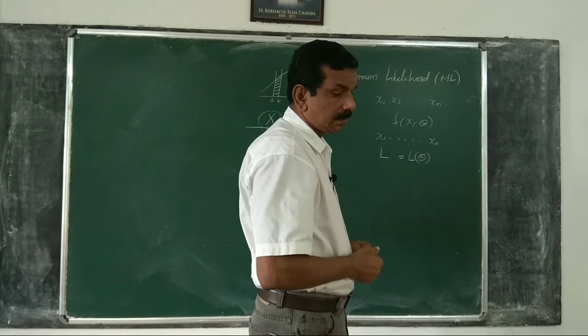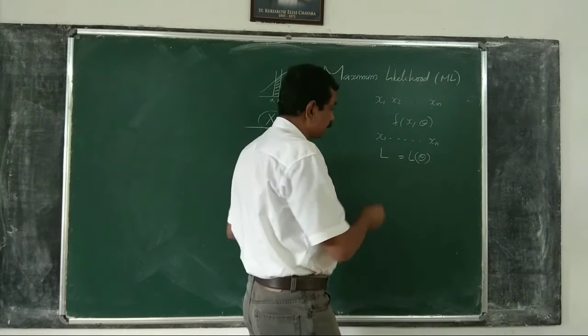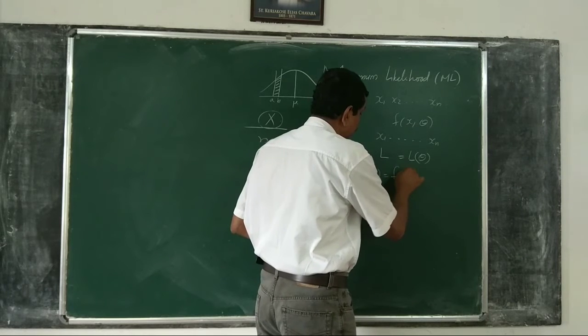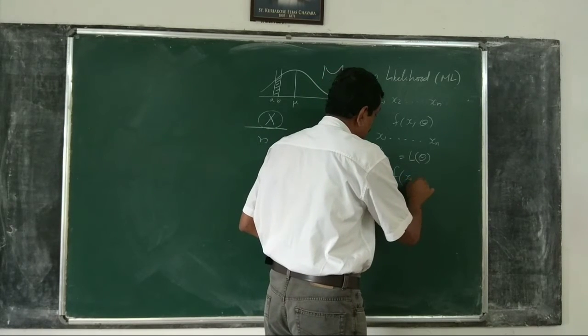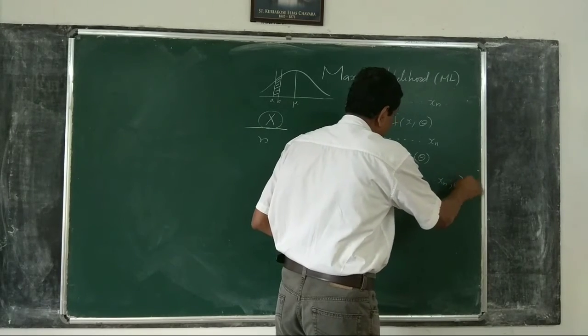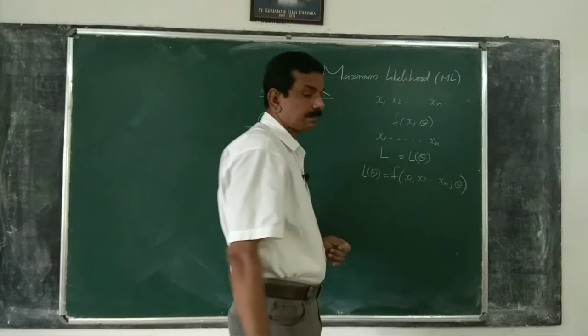L(theta) is the joint PDF. L(theta) is equal to f of x1, x2, etc. xn given theta.